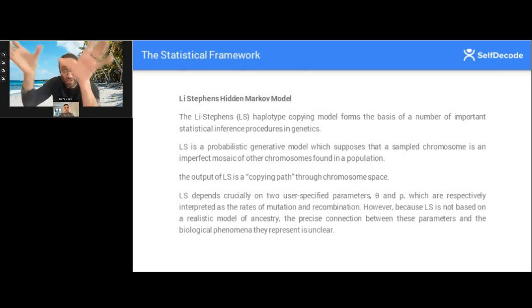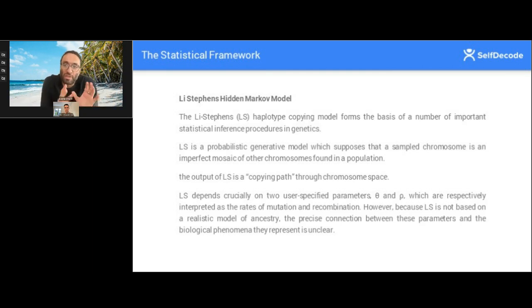If you stuck pieces of their chromosomes together, you would reproduce your chromosome, minus one addition, which is that it's an imperfect copy. Why? Because there are mutations. We don't always keep the exact same DNA that our ancestors had because we inherit mutations.